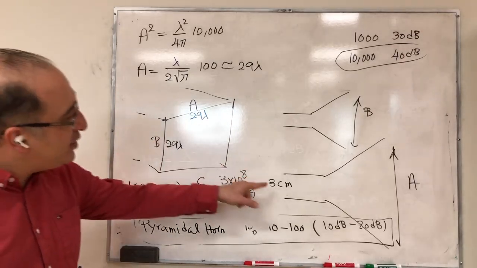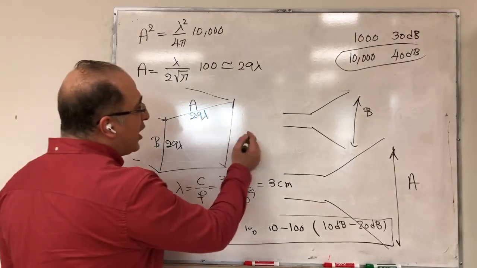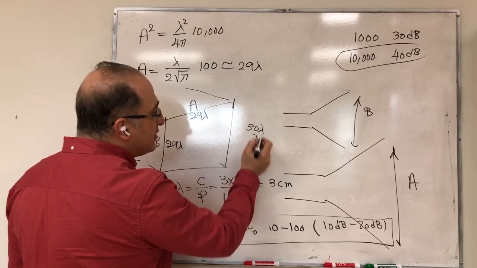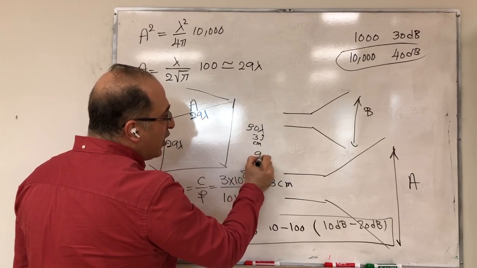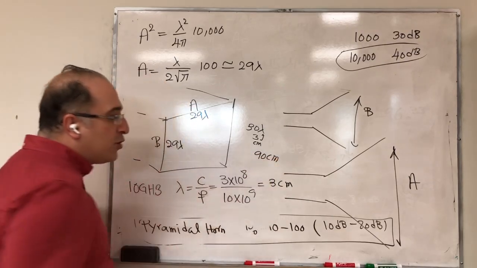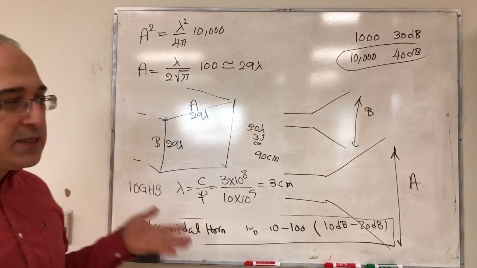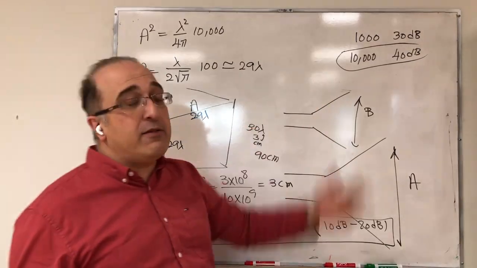Now 29 times lambda, if you approximate 29 by 30 lambda, so 30 lambda times 3 centimeter, that's going to make it 90 centimeter. So 90 centimeter, although it is big, it's not too big because you are having such a high directivity.